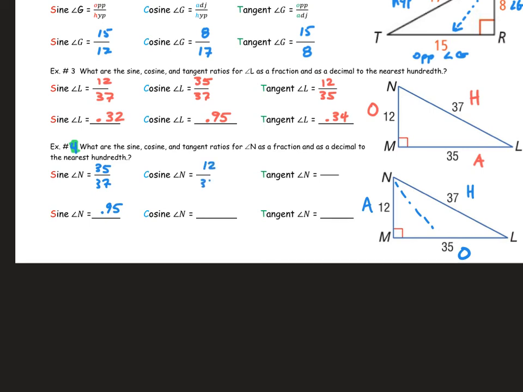We already saw from above that 12 37ths is 0.32. And then the tangent of angle N is the opposite side over the adjacent side. 35 is the opposite side, 12 is the adjacent, and 35 twelfths to the nearest hundredth is 2.92.